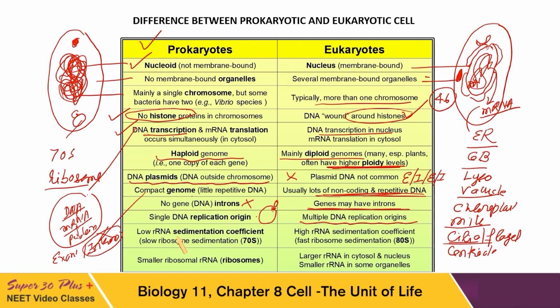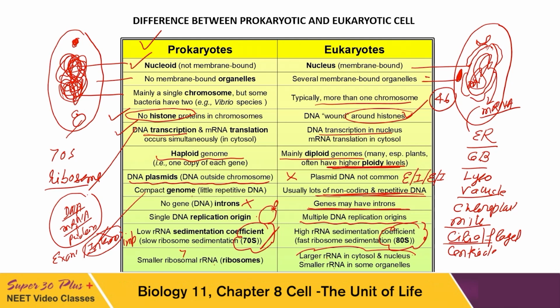Here the ribosomal RNA sedimentation coefficient is low. You all know, this is a very important point. In this case we have 70S ribosome. Here we have 80S ribosome. The ribosome is smaller in one and larger in the other.